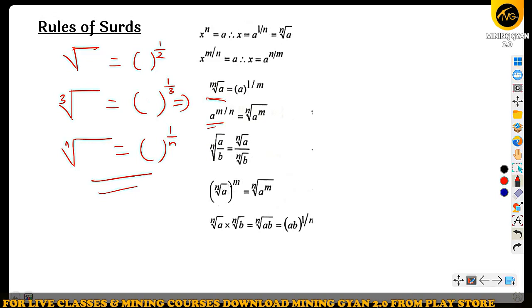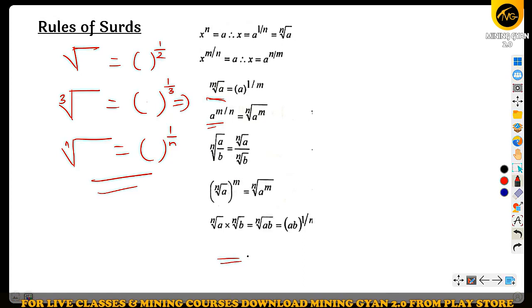Similarly, if the power of the bracket, nth root of a whole power m, we can write that as the nth root of a power m. Clear?